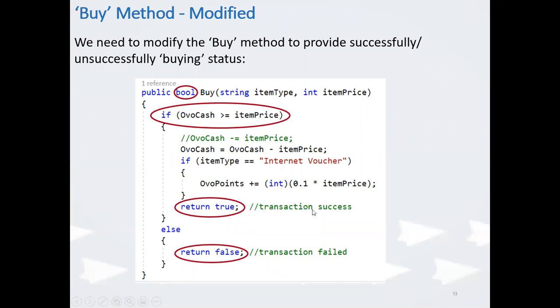In a sense, if we have enough money to buy the item, and it should return false if the transaction failed. In other words, we don't have enough money to buy the item.